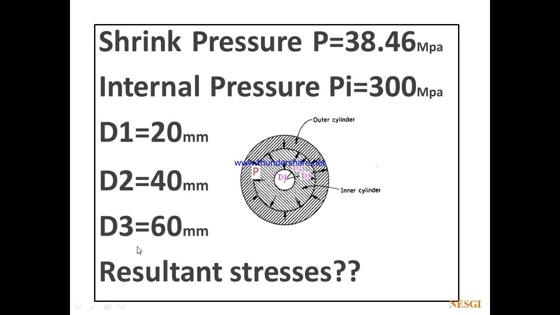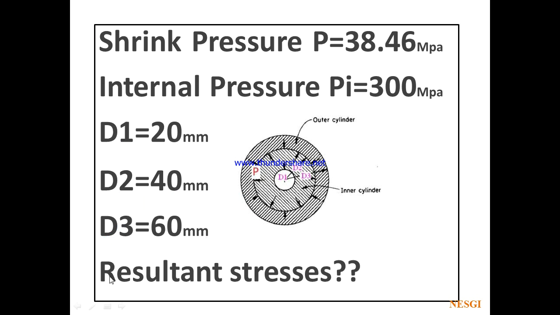D1, D2, D3 is given, and what we need to find is resultant stress. So D1 is equal to 20, D2 is equal to 40 mm, D3 is equal to 60 mm.